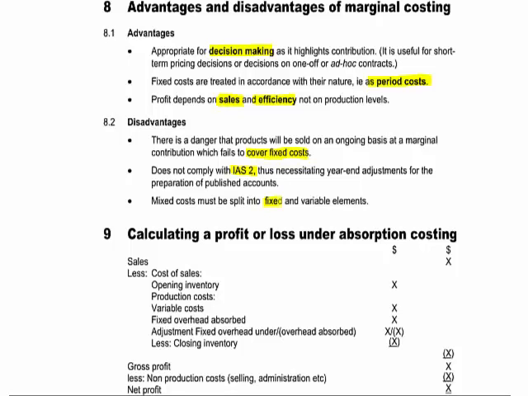It also means that we have to split mixed costs into fixed and variable elements. That last one shouldn't be too much of a problem, because remember, we can use the high-low method to do that.